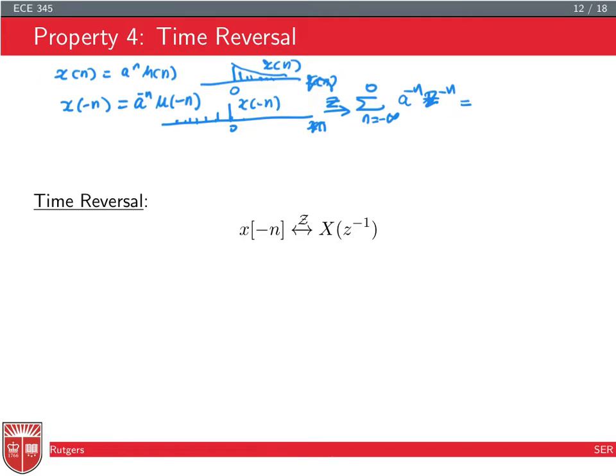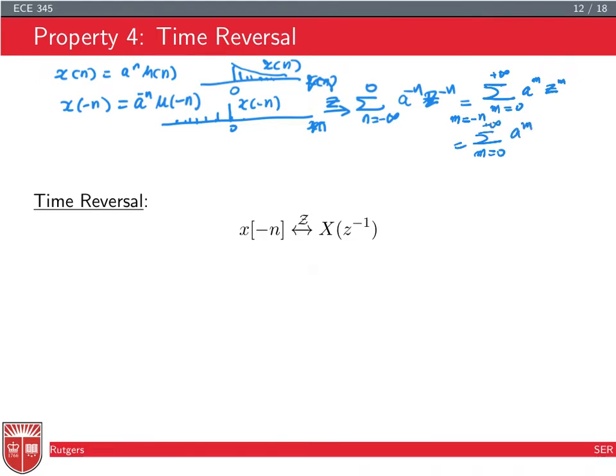Let's call m equal to minus n. So this is going to be equal to the sum from m equals 0 to plus infinity of a^m z^m.